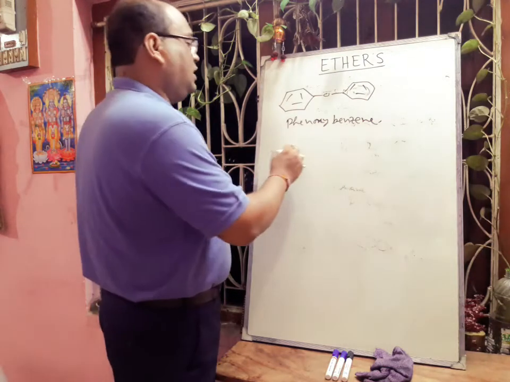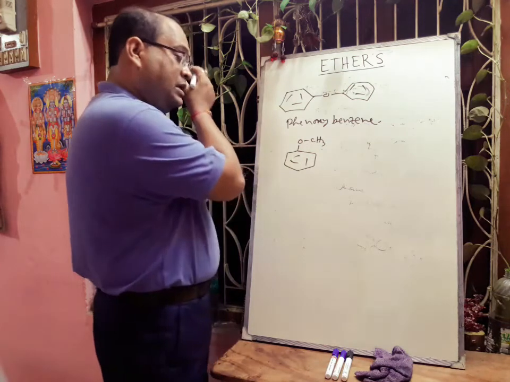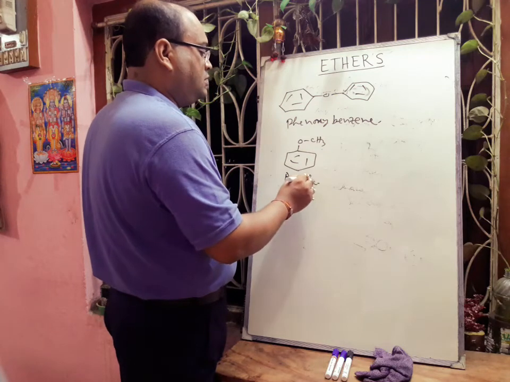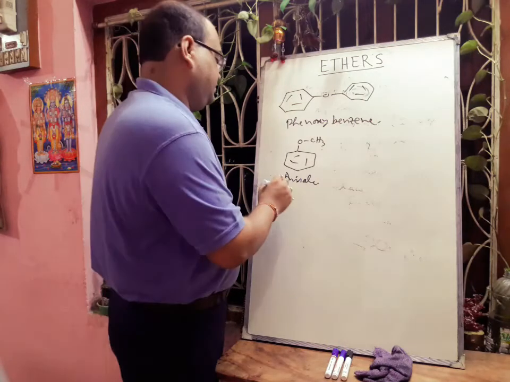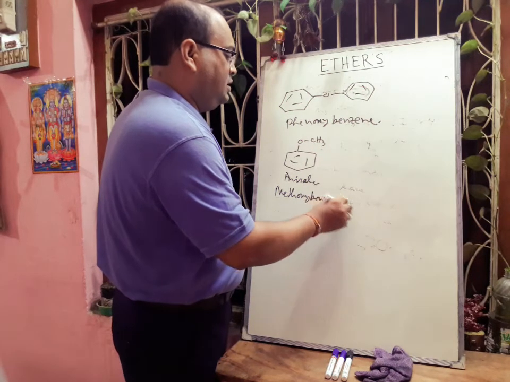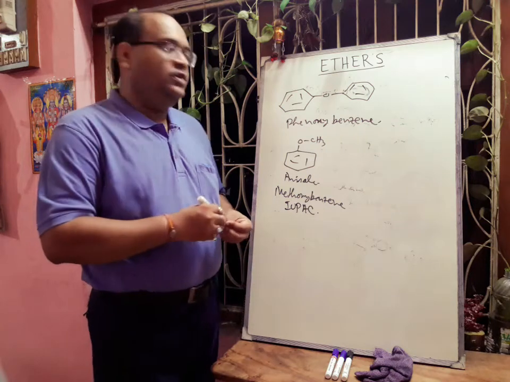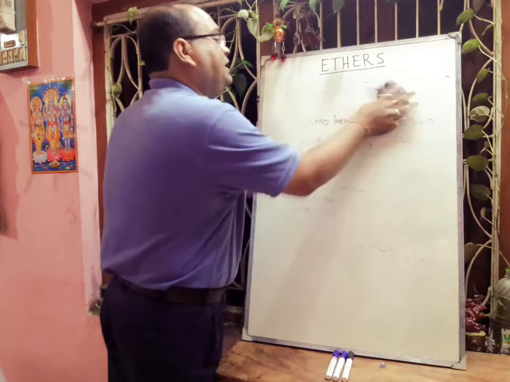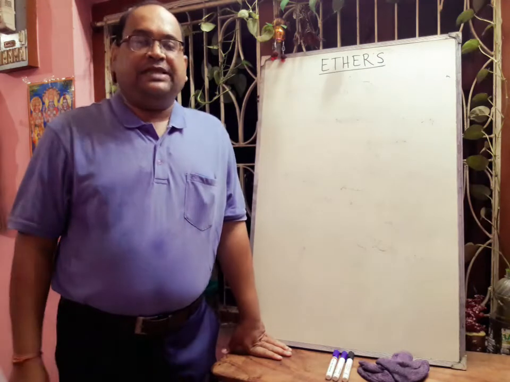And if we write OCH3 on benzene, its common name is anisole, and its IUPAC name will be methoxybenzene. In this way we can write the common name as well as the IUPAC name, which you will practice from your textbook.